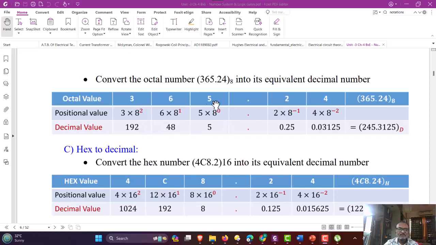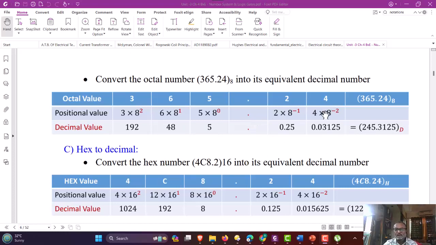So let us see, to the left of the octal point now, the 0th position is 5. 5 into 8 raised to 0, that is 5. First position is 6. 6 into 8 raised to 1, that is 48. The second position is 3. 3 into 8 raised to 2, that is 192. So the integer portion as usual, 192 plus 48 plus 5, comes out to be 245 here.